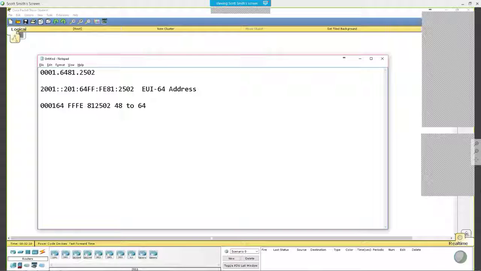All right. And then I invert the 7th bit. The 7th bit happens to be in this. Remember, these are hexadecimal numbers, right? This is 4 bits. That's 4 bits. That's 4 bits. That's 4 bits, and so on, right? So if I invert this bit, it's 0 originally, but if I invert it, it becomes that.